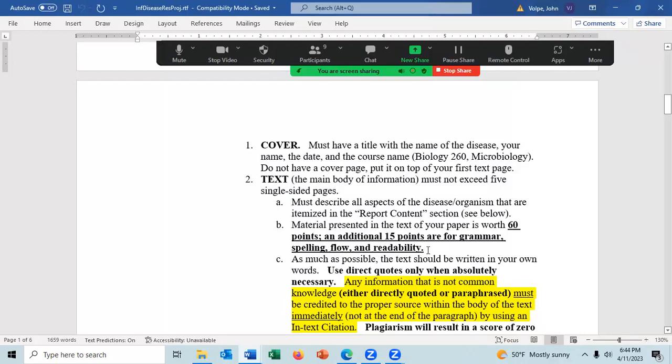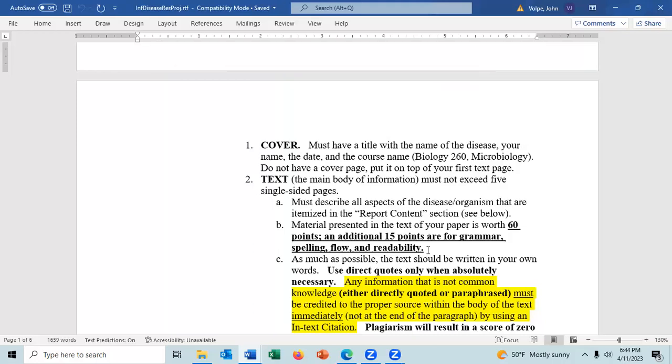Generally speaking, people are pretty good with grammar, spelling, flow, and readability. The exception is if English is not your primary language. You should probably write it early and then send it to someone who will check the English and make recommendations. The writing lab at Clark would be an excellent place to send it, but you could send it to someone who's just good in English and knows science, for example.